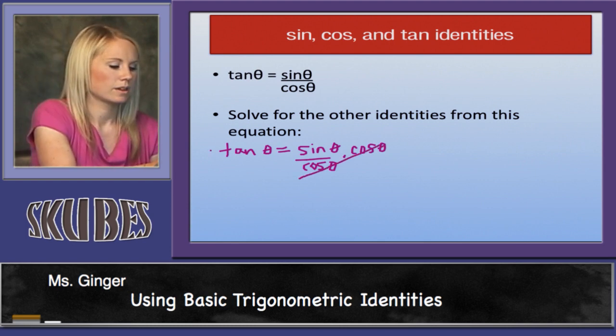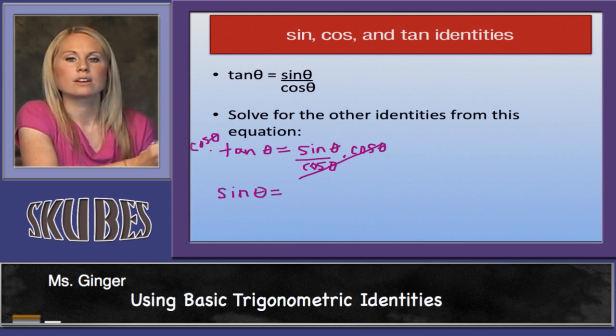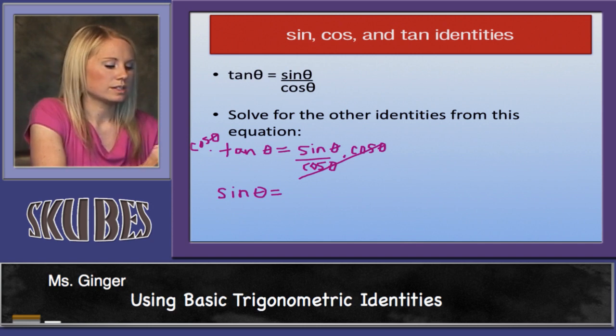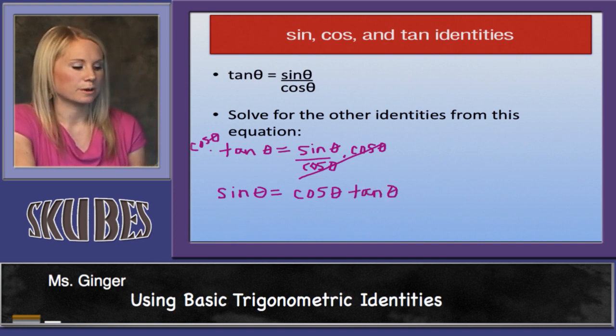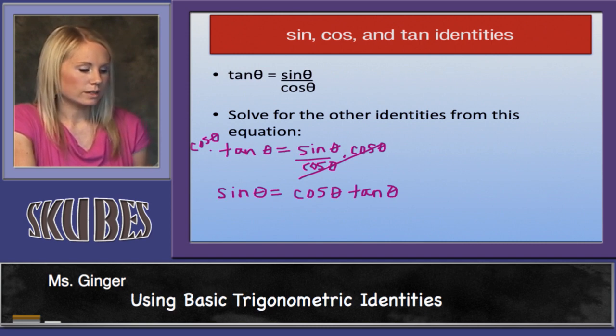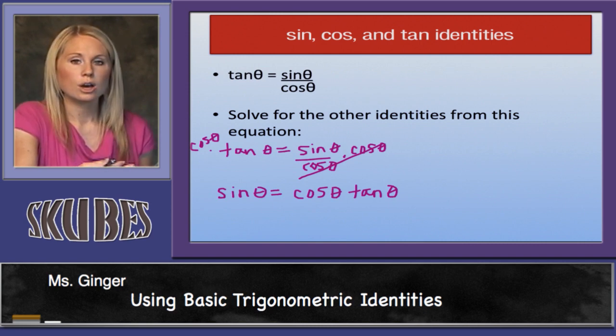So let's rewrite. Sine theta is isolated on the left hand side, and it equals cosine theta times tan theta. You can write them right beside each other, which implies multiplication.